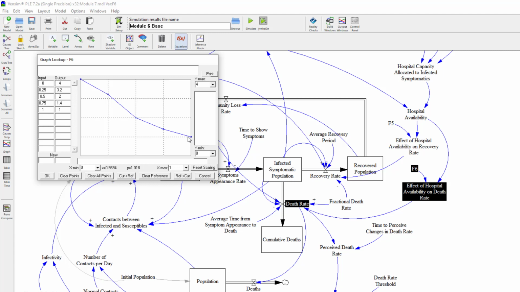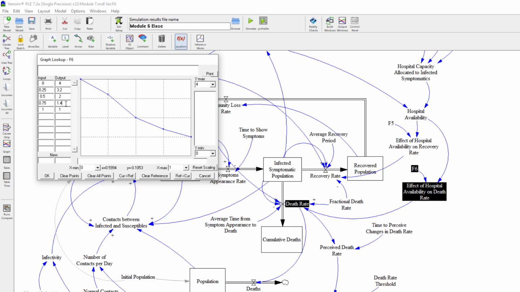However, as we are experiencing shortage of hospital beds, so if the hospital availability goes below 1, then we are quickly seeing a huge rise in the death rate. Look at this, the multiplier is like 4. So when there is no hospital beds, then it can actually increase the death rate by 4 times, right?